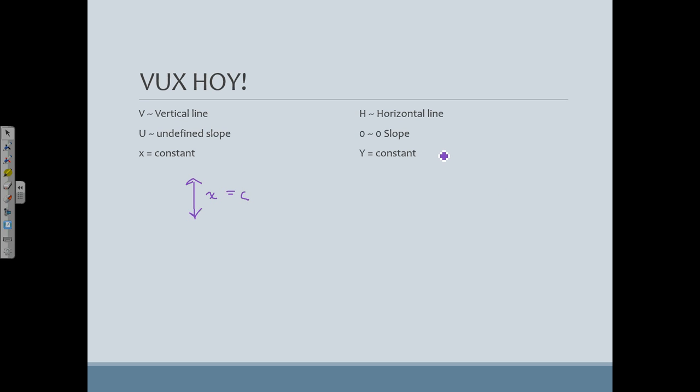HOY. HOY is the horizontal line. 0 slope, and y equals the constant is the equation for that line. So if I've got my coordinate system and a horizontal line, if this was, say, (0, negative 2), then the equation of the line would be y equals negative 2.